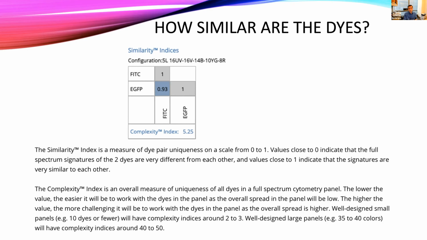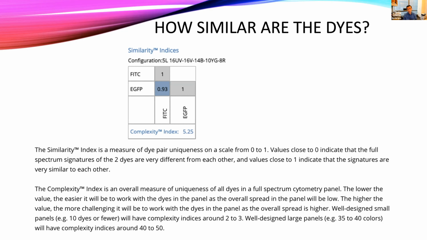But again, there may be circumstances where you only have a certain antibody conjugated to FITC. You can only access the cell line expressing GFP. So there may be conditions in your experiment that you would either have to change your panel design, or even change your experimental design to be able to use other dyes.